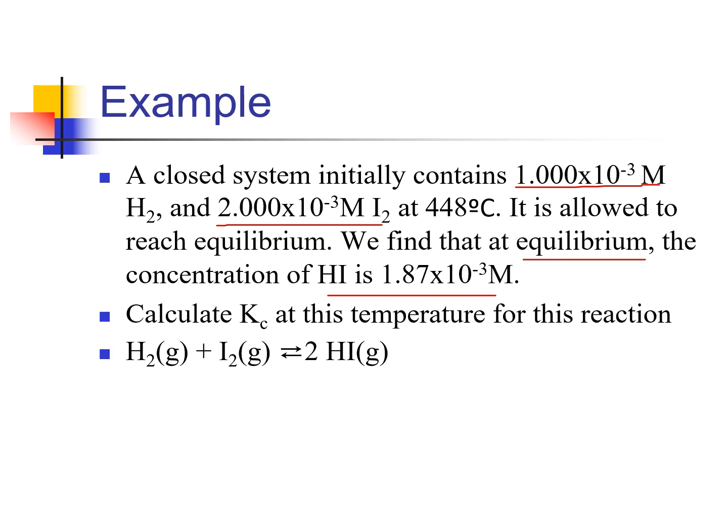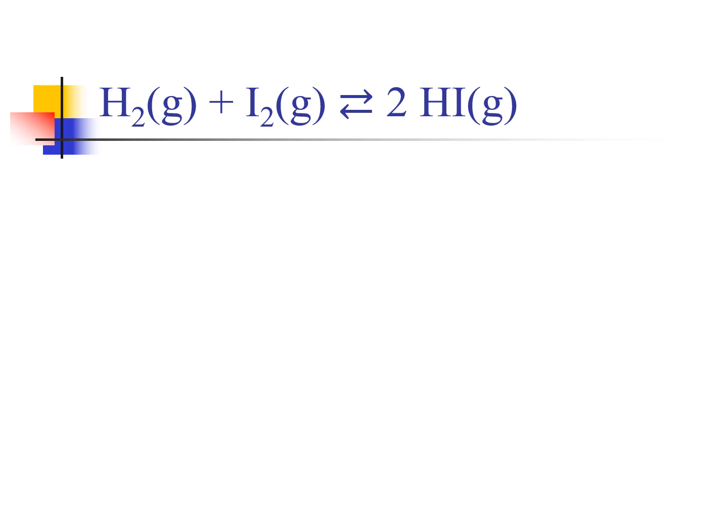Now notice we are not told the initial concentration of HI. If in the problem we are not told that we are starting with an amount of a product, assume that it is 0. So we have our reaction, and we're going to set up our ICE table: initial, change, equilibrium.